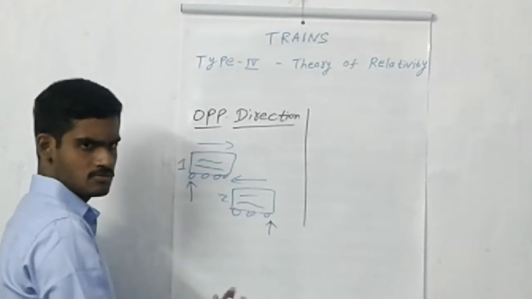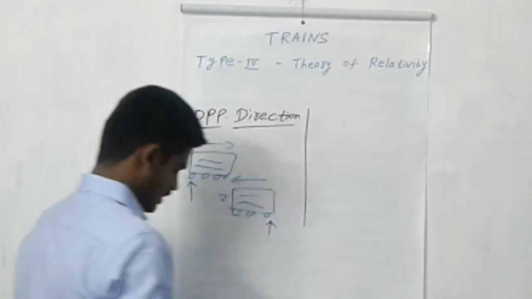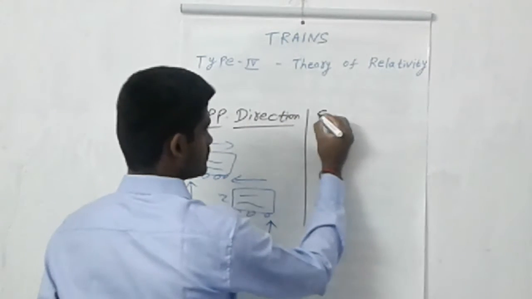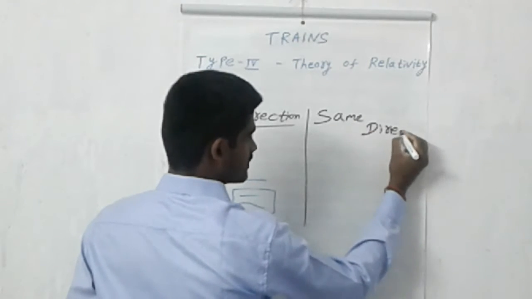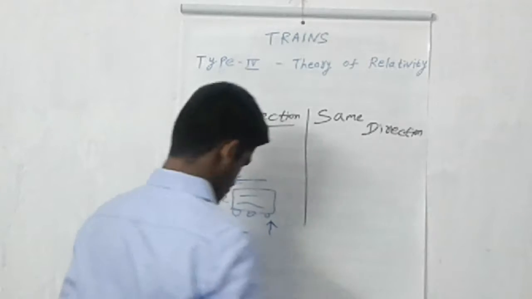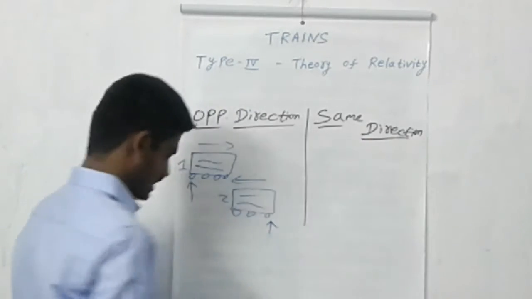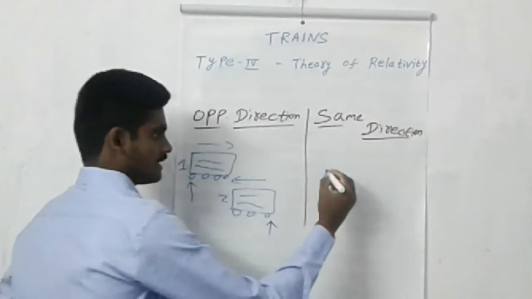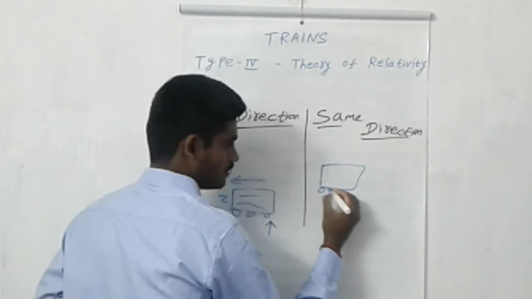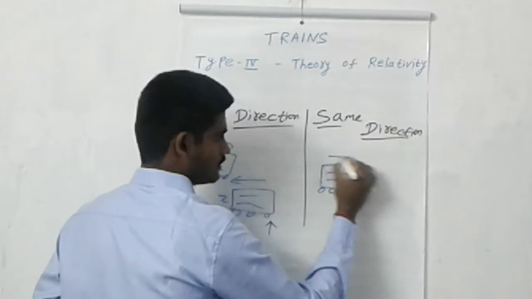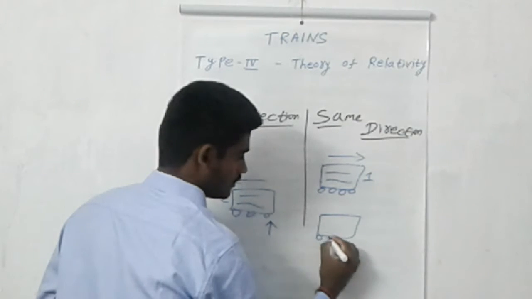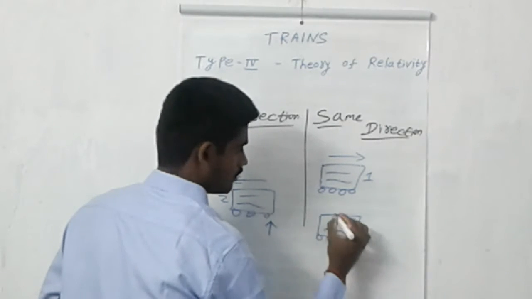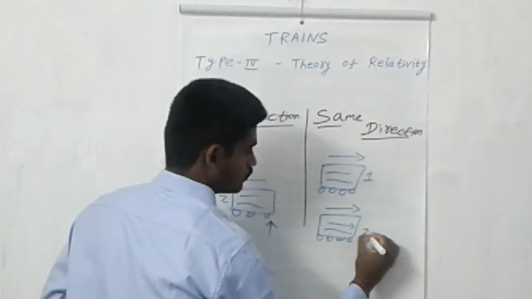So this kind of problems will be asked under this section, and we will see another section which is same direction. So in the same direction, consider this train 1 and this train 2.